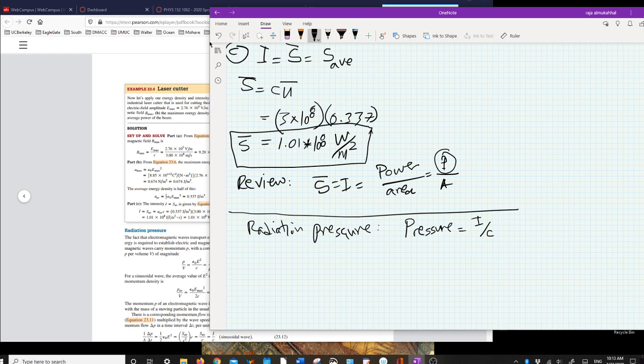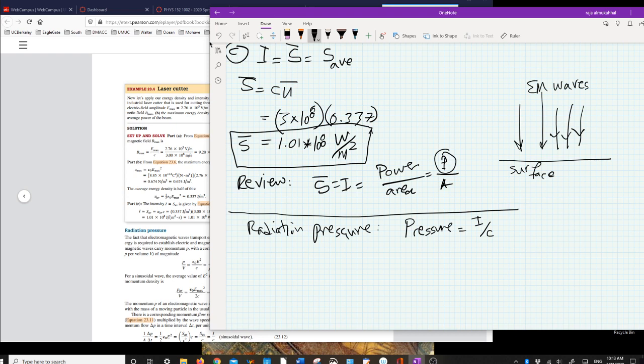Now, let's say I have a surface here. Here is the surface, and then let's say I have an electromagnetic wave going in this direction onto the surface. Let's say from the sun, this is the ground or whatever. So here is the electromagnetic wave, or anything really, laser, ultraviolet, whatever electromagnetic wave you have here.